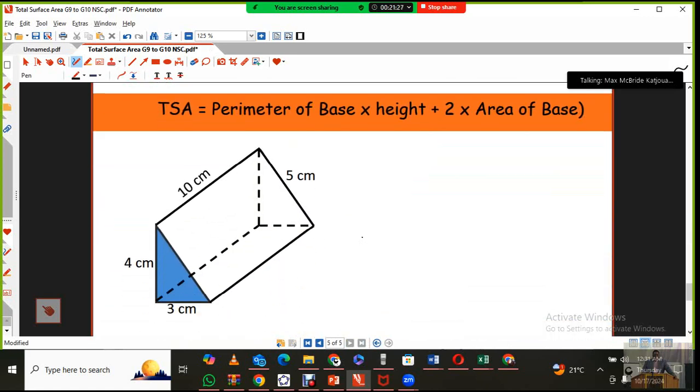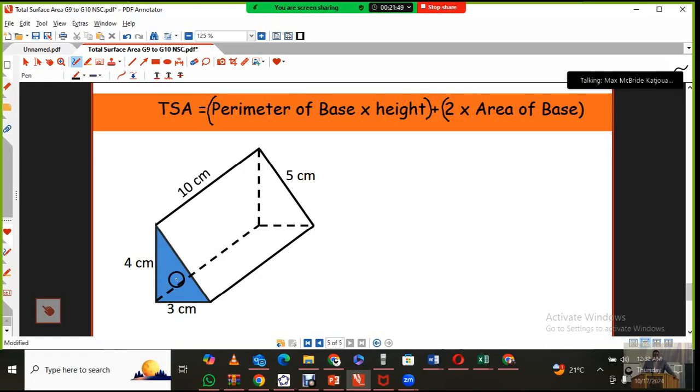So what is this shape called? A pyramid? No, it's not. It's a prism. What type of prism is it? What is this shaded part?